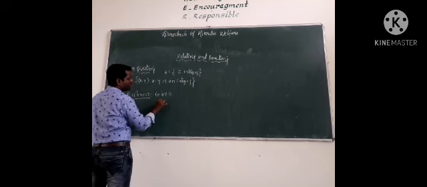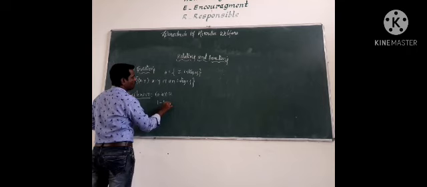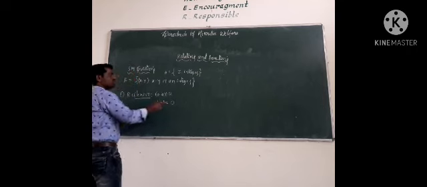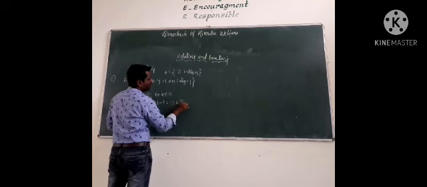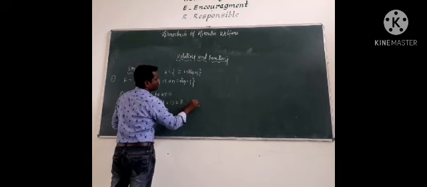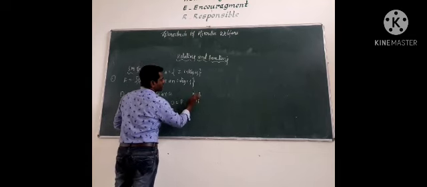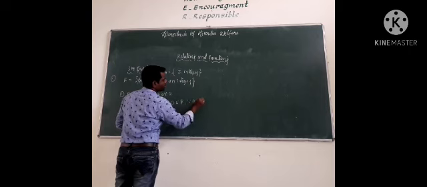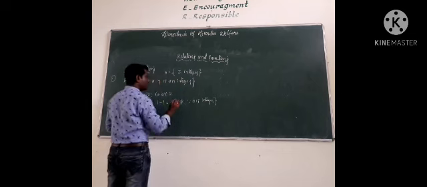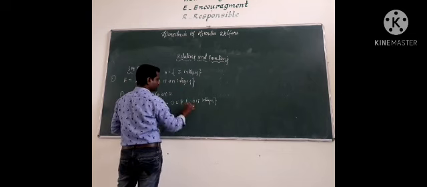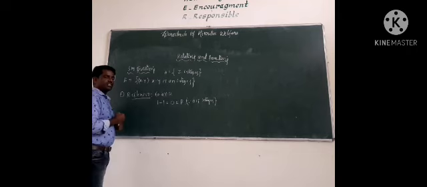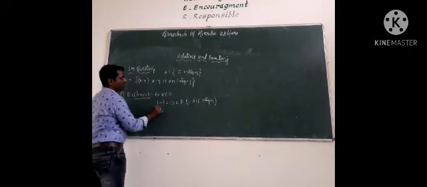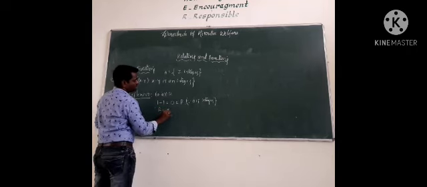Put a equal to 1, again a equal to 1. 1 minus 1 equal to 0. 0 is an integer. That means (1, 1) belongs to R because 0 is an integer. Therefore, R is reflexive.